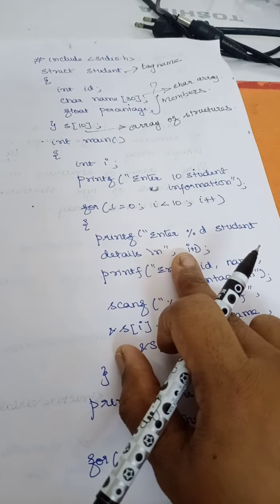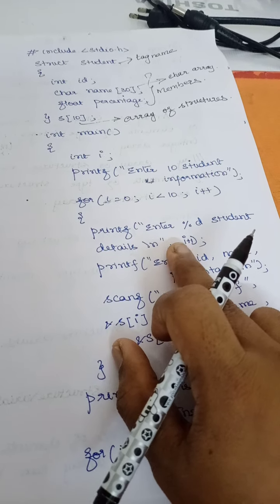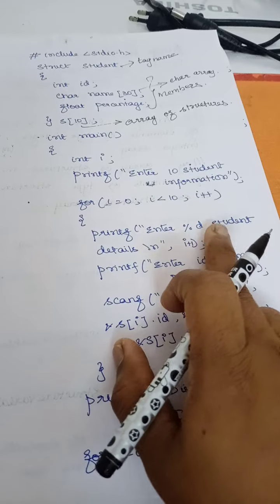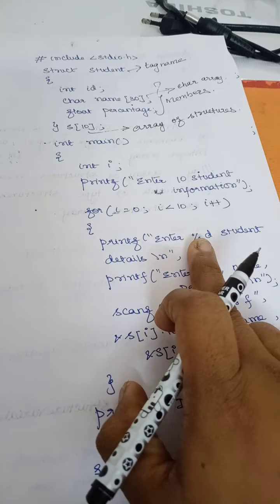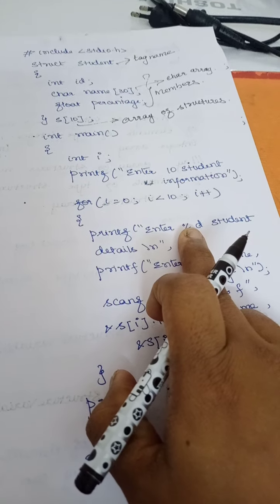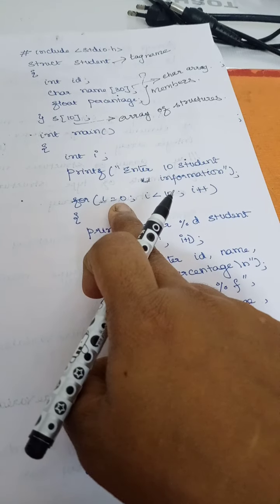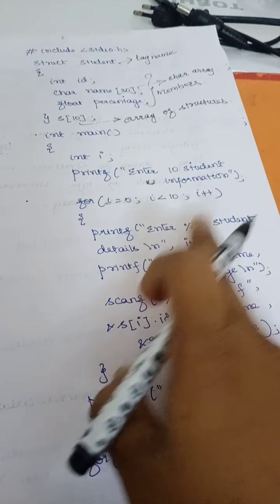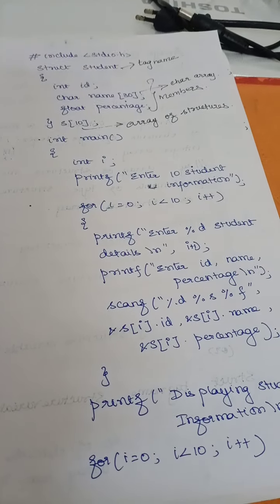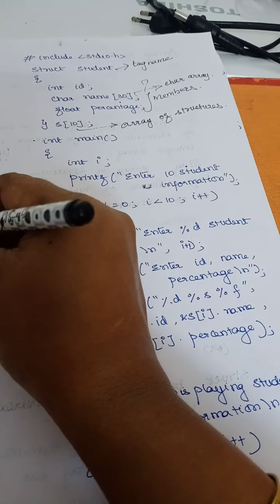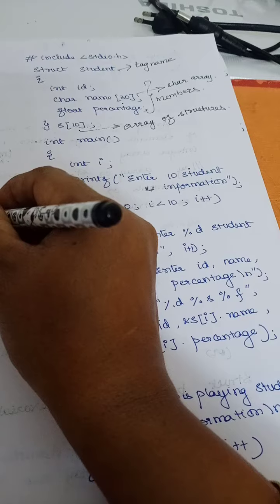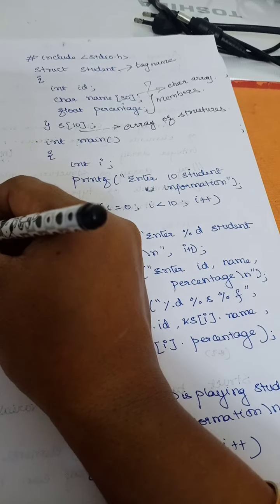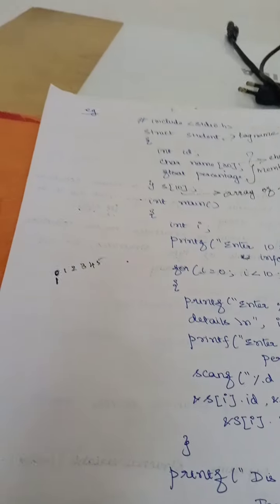And printf enter the dash student. Here I cannot write 0th student, so I am writing i plus 1 th student, right? So enter the first student details. This 1 is not referring to the array index. Here i refers to the array index, but the i plus 1 refers to the actual first student, second student, third student. Even though the first student's value is stored at array index 0, it is only referring to the first student, right?